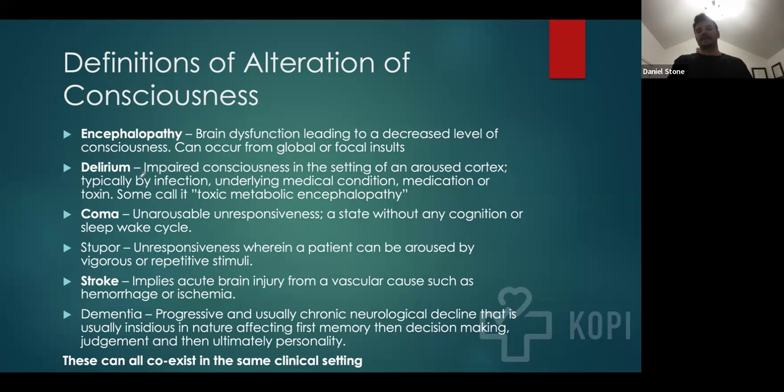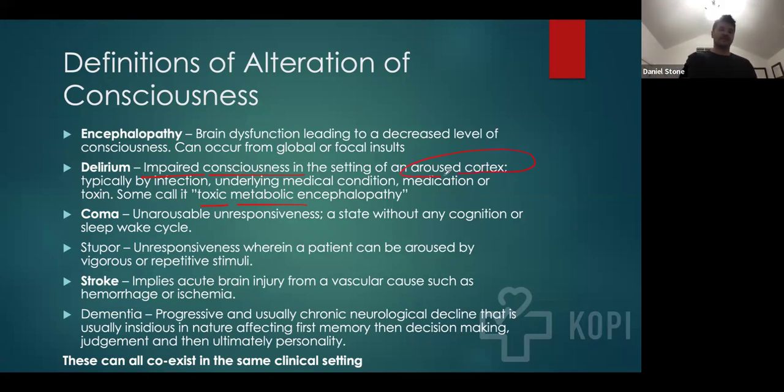Delirium is different, though. Delirium is usually implied as a toxic metabolic encephalopathy, but it implies that there's impaired consciousness, or more importantly, impaired attention, in the setting of an aroused cortex.